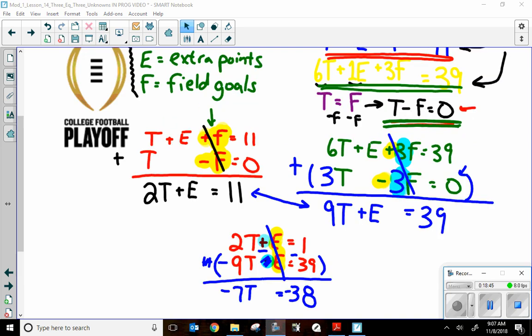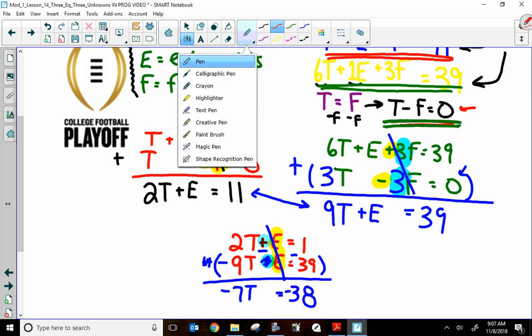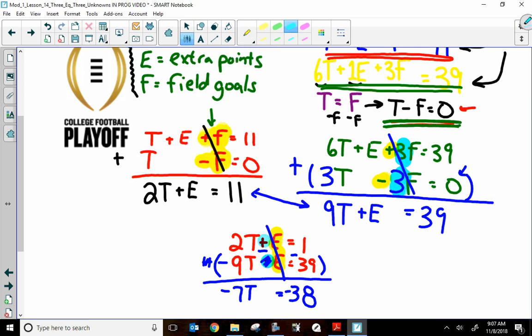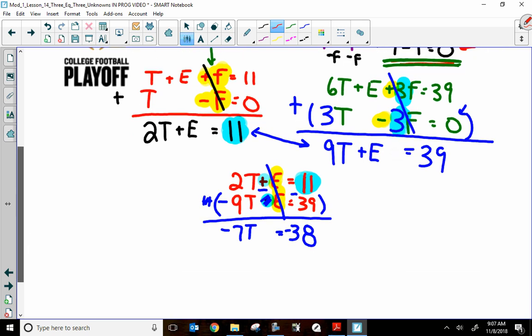And right now, I made a boo-boo because that doesn't come out to be a whole number. If you caught the mistake I made, good for you, because that shows a higher level of intelligence when you can catch mistakes. Look what I have here. What should be there? 11. So I'm actually going to have 11 minus 39, which is not 38. It's negative 28.